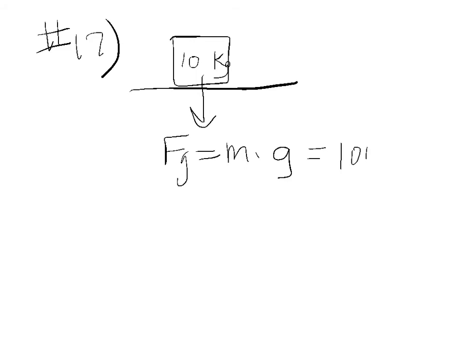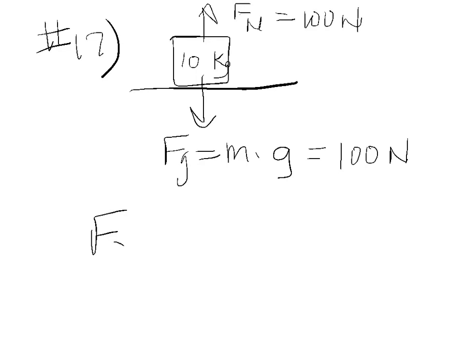In the forces section, for number 17, for example, it says a 10 kilogram block is dragged across the floor. Basically what you need to know is that if you have a 10 kilogram block, its weight is going to be mass times gravity, which would be, I'll just use 10 for gravity in this case, so that'd be 100 newtons, which means the normal force would also be 100 newtons.